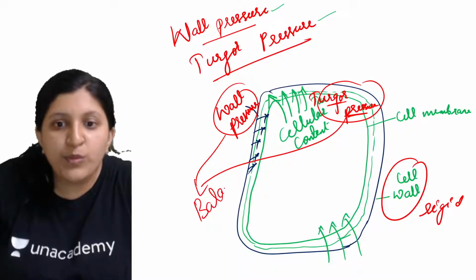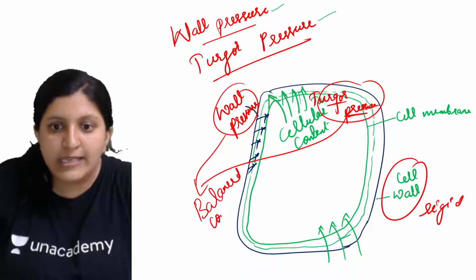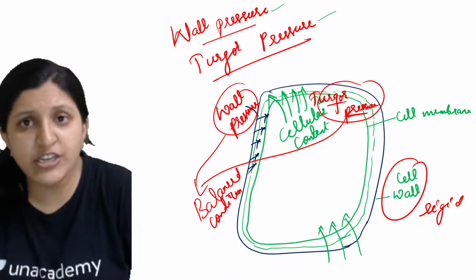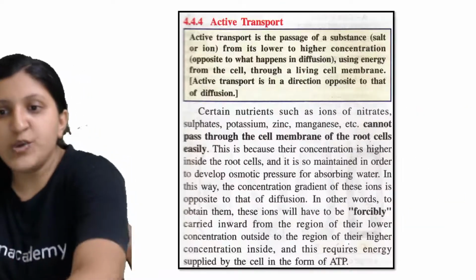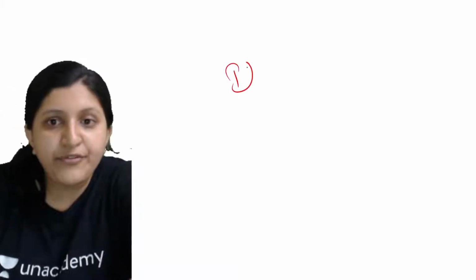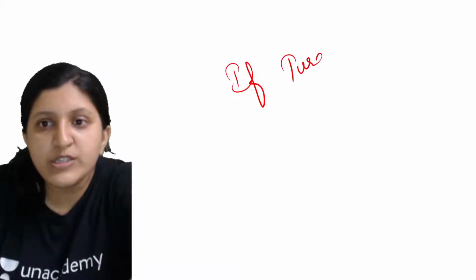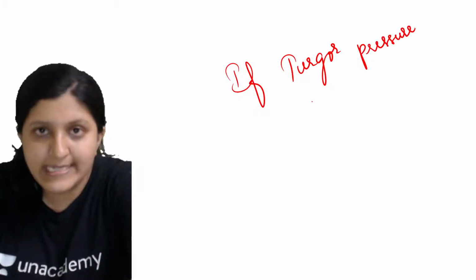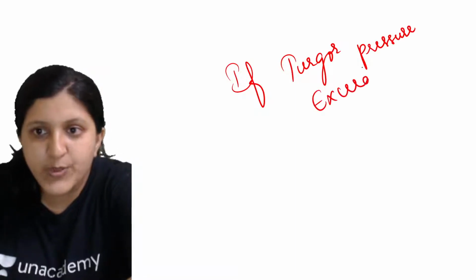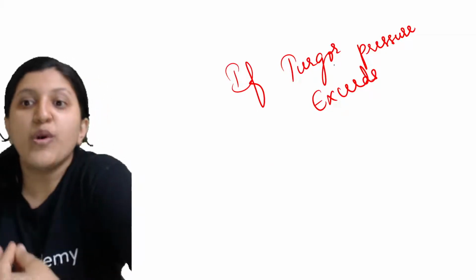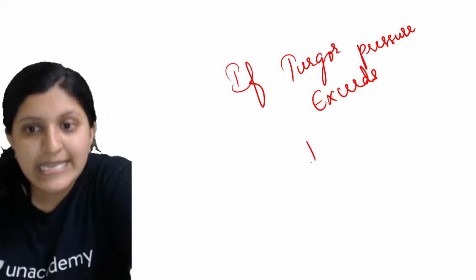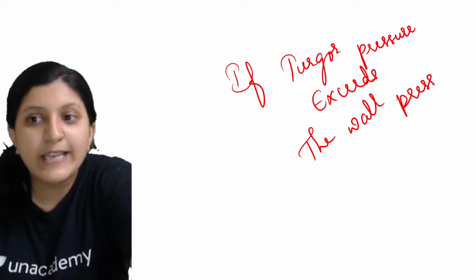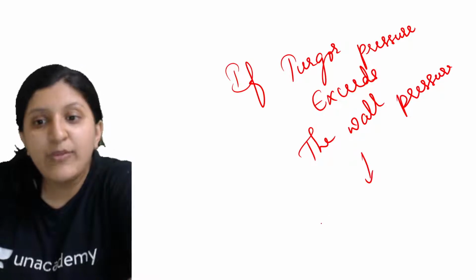Only if a balanced condition is there will this cell remain in a turgid condition. Let's see this: if turgor pressure exceeds the wall pressure, then the plant cell will burst.